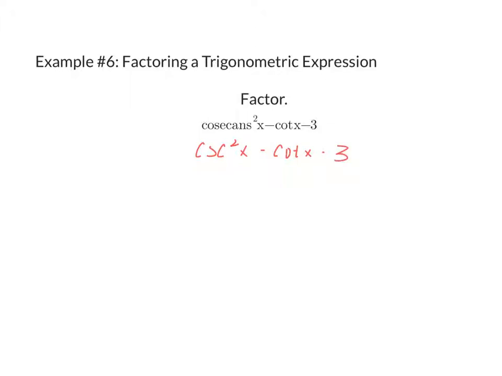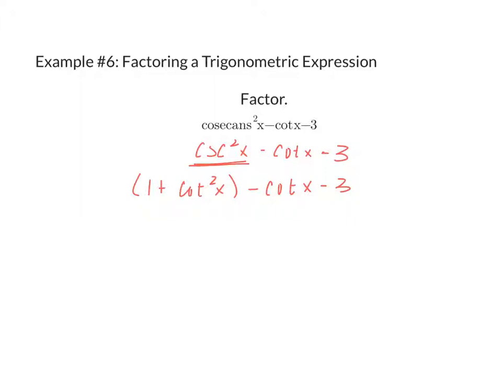Well, they are not the same, but in order for us to continue to do the substitution method that we know, it'd be better to get them in terms of the same term. Well, if you remember, cosecant squared x from the Pythagorean identity is the same thing as 1 plus cotangent squared x. So I can replace cosecant squared x with 1 plus cotangent squared x, and then now everything is in terms of cotangent x. So we want to look for those relationships.